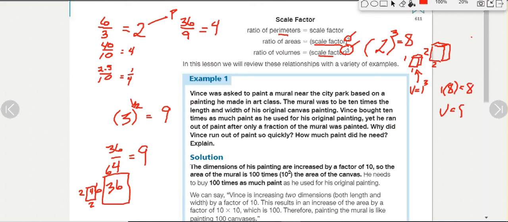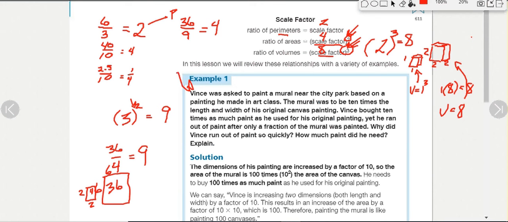And we see that because it's going to be 2 times 2 times 2. Right? Length, width, and depth is 2. So if the scale factor is 2, the area is times 4, the volume is times 8, and we get that by squaring and then cubing the original scale factor.